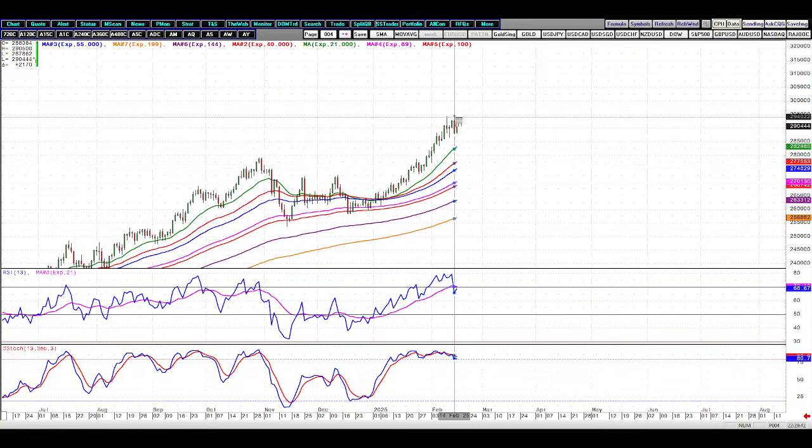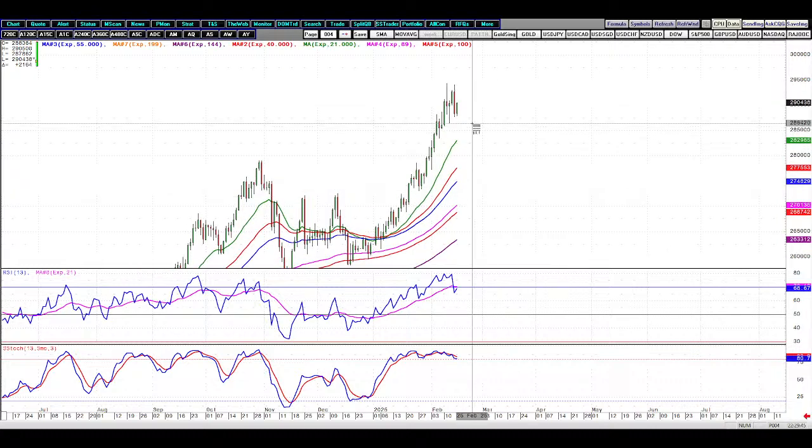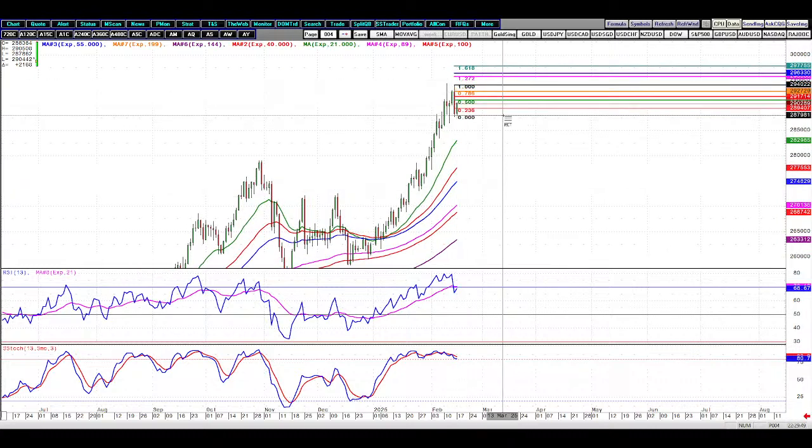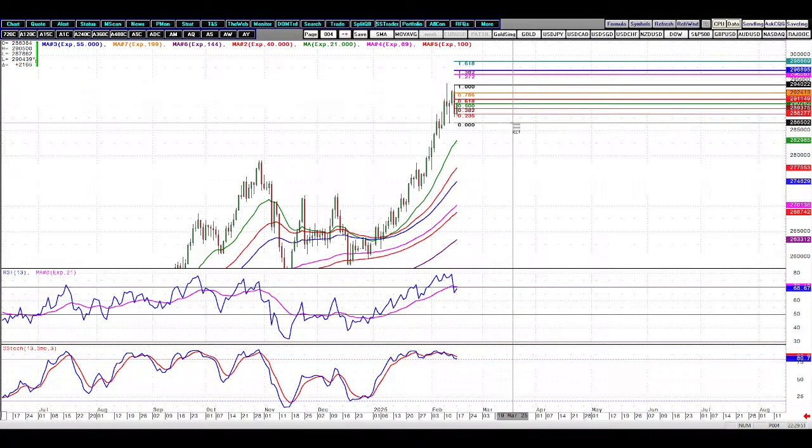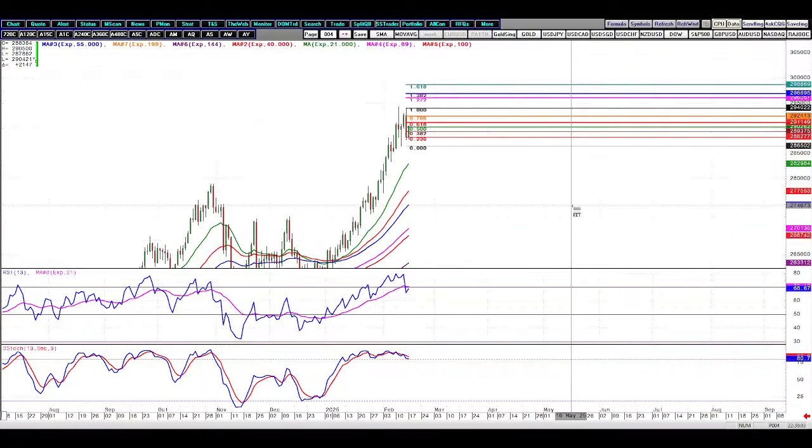Okay, but this is going to be within the range. So if we are selling, we should be looking to sell below 40. So I think that is 24.